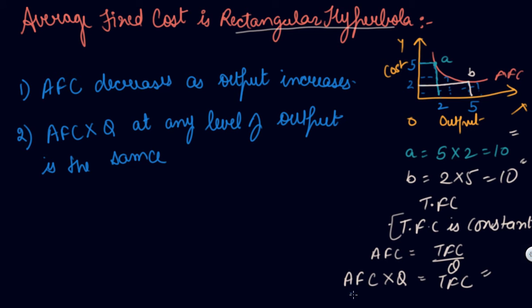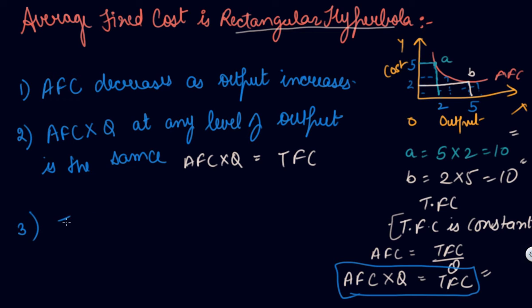Like I told you, this is what you're writing here. That is your AFC into Q is equal to TFC, that is the same. Then the third and last point is your TFC is constant at all the levels.